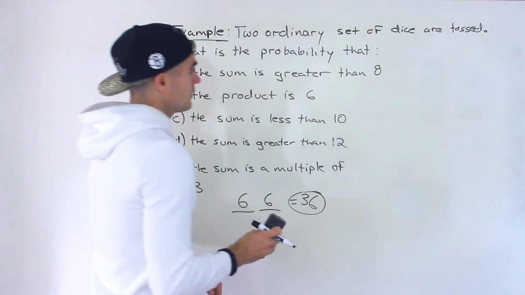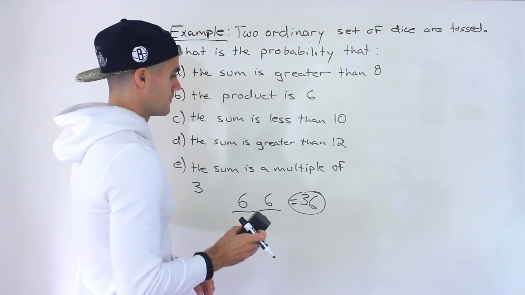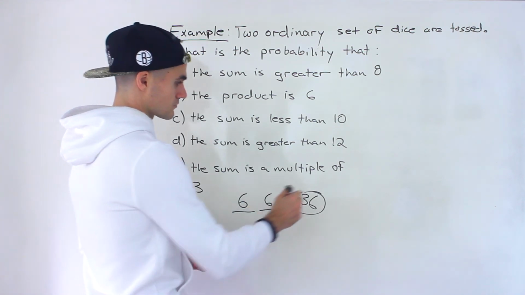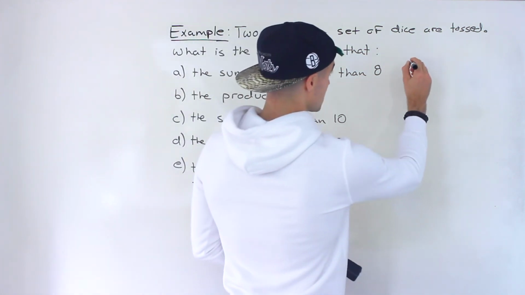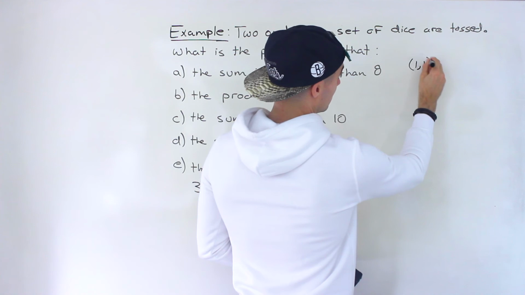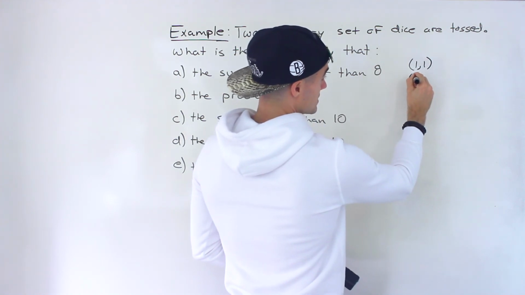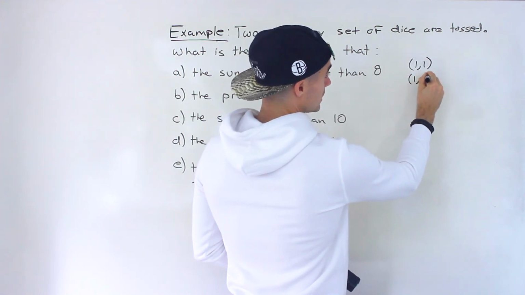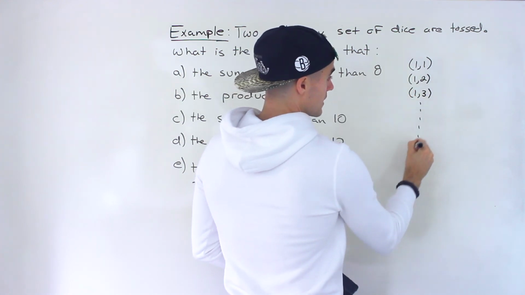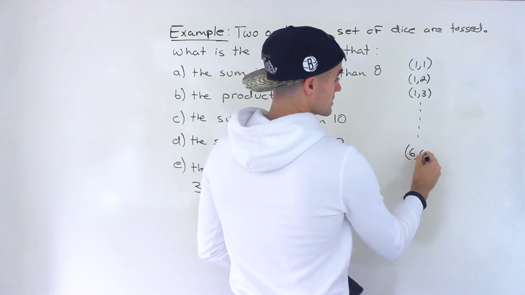So what we can do here is represent all of these possibilities, staying with this 36 here, as coordinates. The first dice can be 1 and then 1. First dice can be 1 and then the second dice can be 2. 1, 3, etc., all the way to 6 and 6.